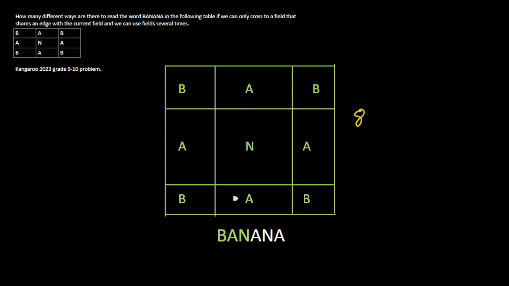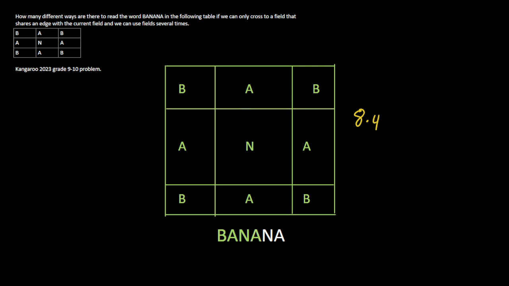So there are 4 ways of going to the next A. You can either go here, here, here, or here. So there are 8 distinct ways of getting to the N in the first place, then 4 distinct ways of going to A's. All right, and now we're at an A.